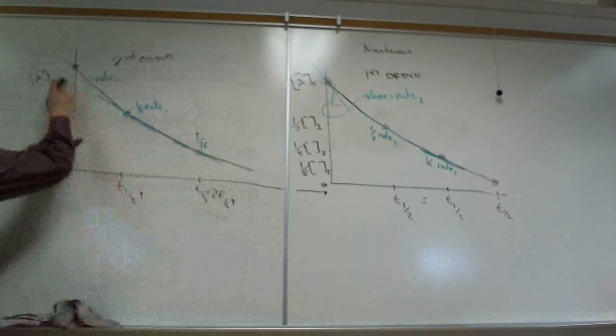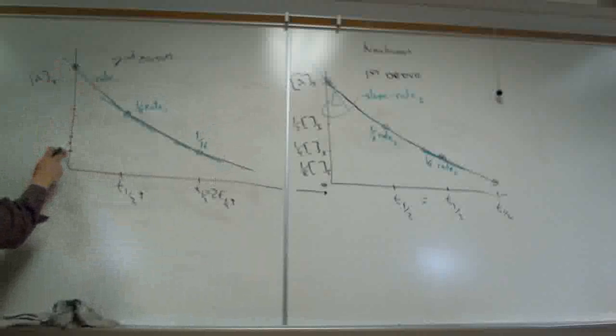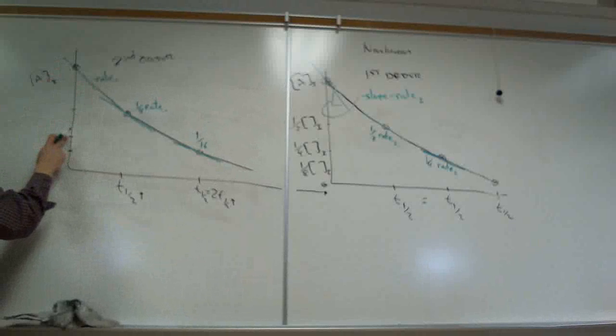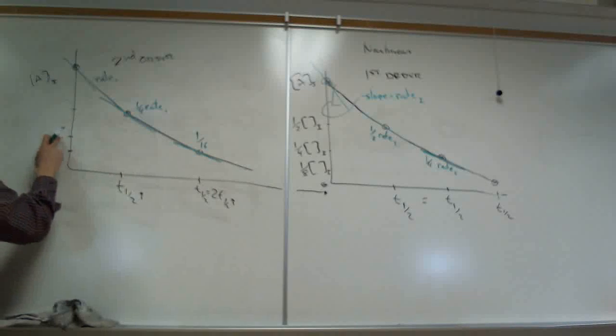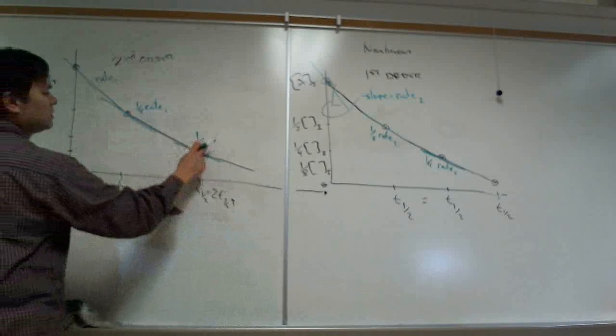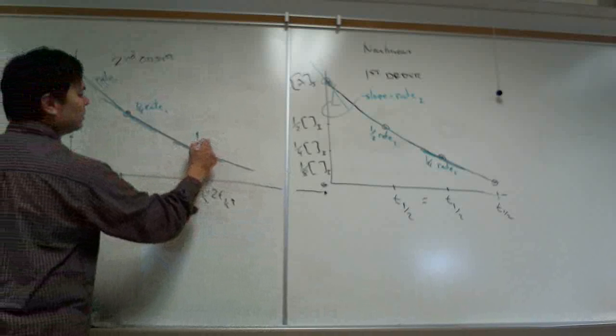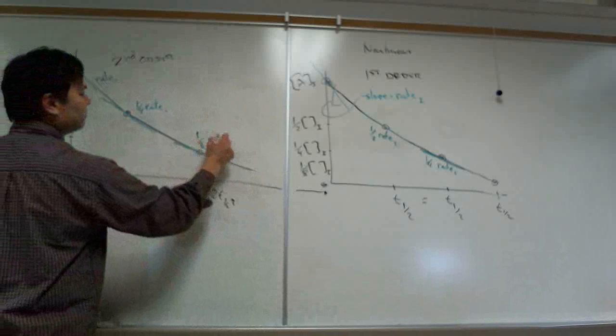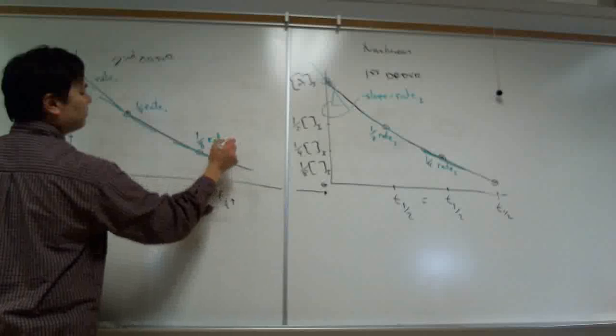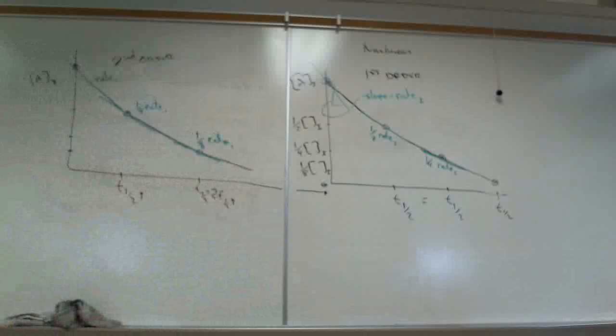So if the concentration, let me just think about it. The concentration doubles here, the rate increases twofold. So this should be, I'm sorry, this I think should be 1/8 of rate 1.